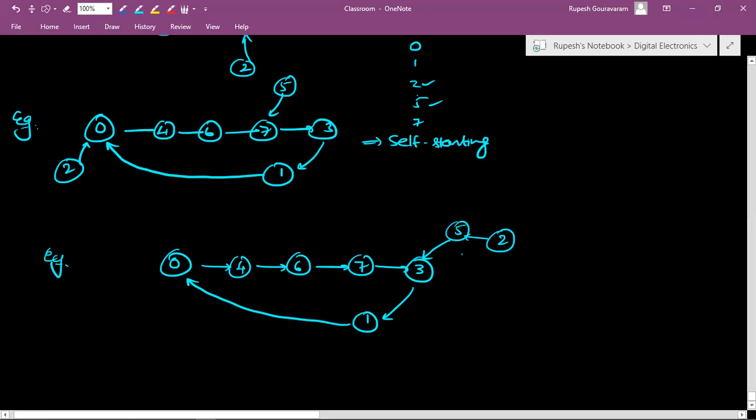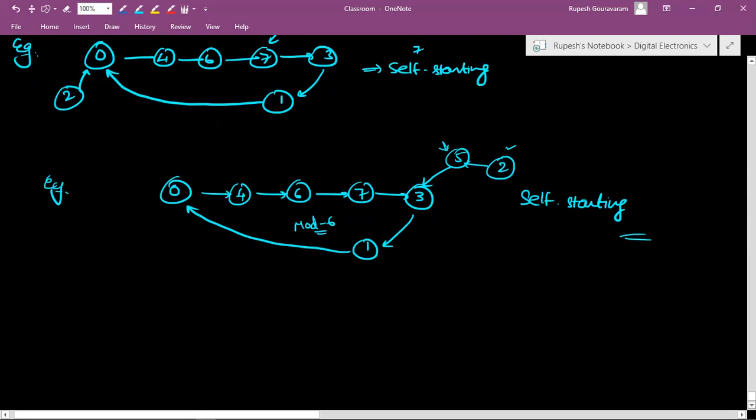So 2 and 5 are unused states here, and this is a mod 6 counter. Is it a self-starting counter or not? So this is a self-starting counter. One unused state went into another unused state, but the unused state 5 goes into a used state, so it will start on its own. So this is also a self-starting counter.